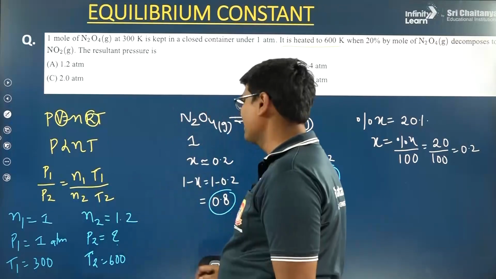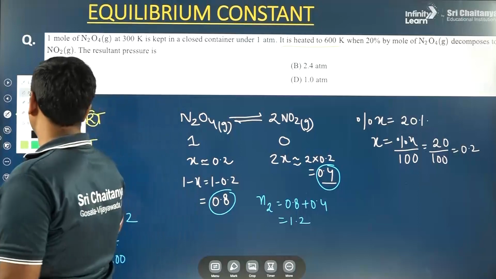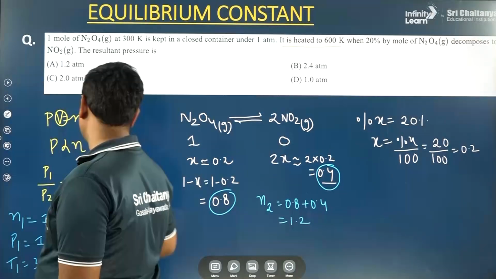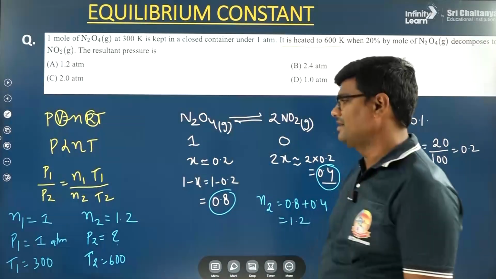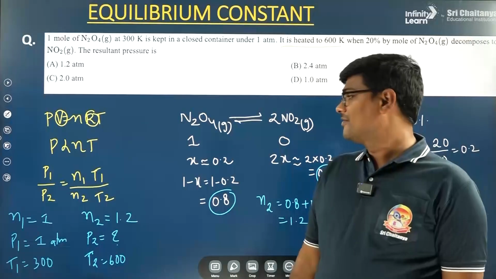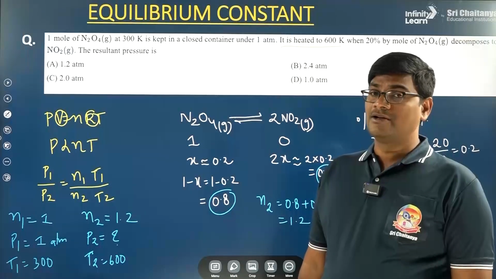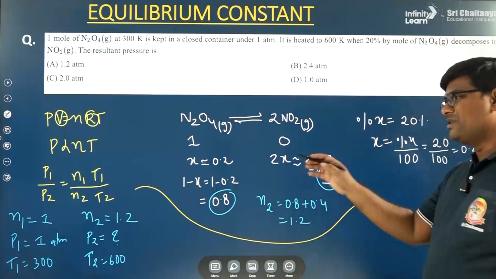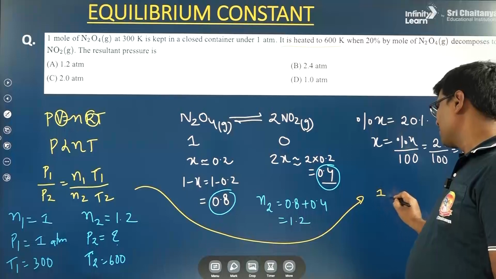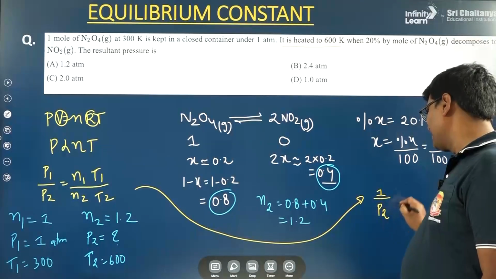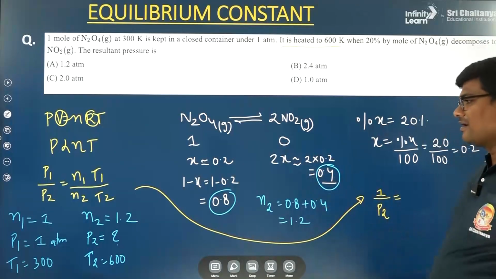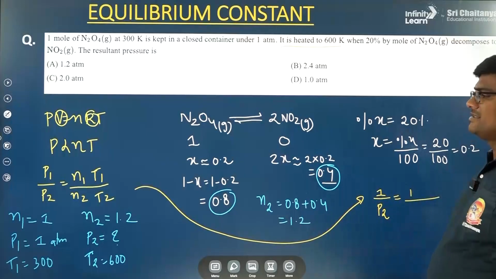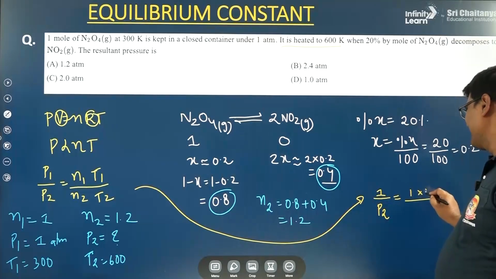Now if you substitute there, what happens? Let us see. P1 by P2 is equal to N1 T1 divided by N2 T2. So I am writing here the final answer. P1 is 1 atmosphere. What is P2? We need to identify. N1 is 1 mole. T1 is 300 Kelvin.